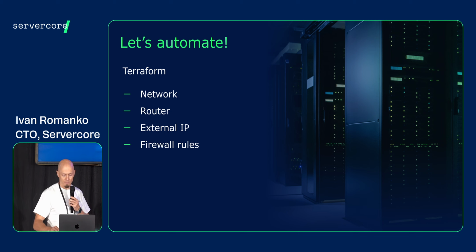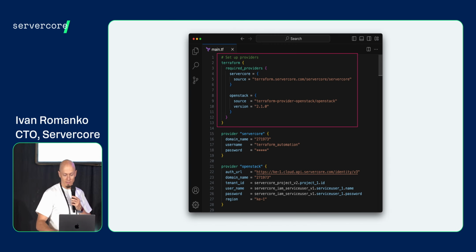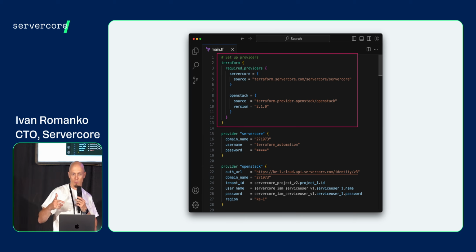It's a good practice for teamwork. So in the next examples, I will show how it's possible to use Terraform to create a project at Servercore Cloud and create objects inside it. What you start from is basically setting up a playground for yourself.